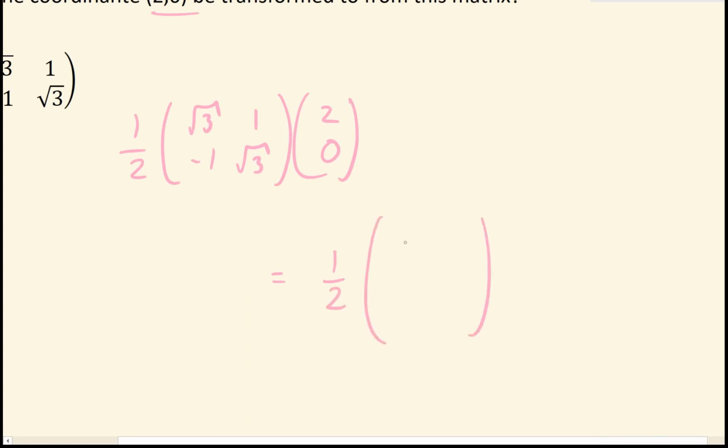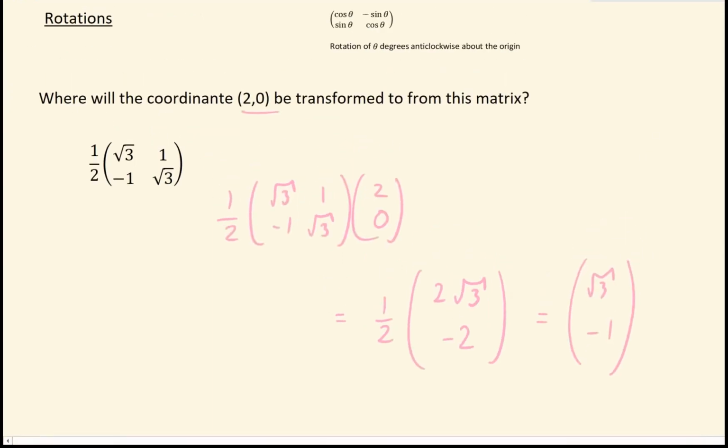Root 3 times 2, I can just write that as 2 root 3. 1 times nothing, and I've got minus 1 times 2, and root 3 times nothing. And taking the half in now, that there is my answer. So the coordinate 2, 0 got transformed to the coordinate root 3, minus 1.